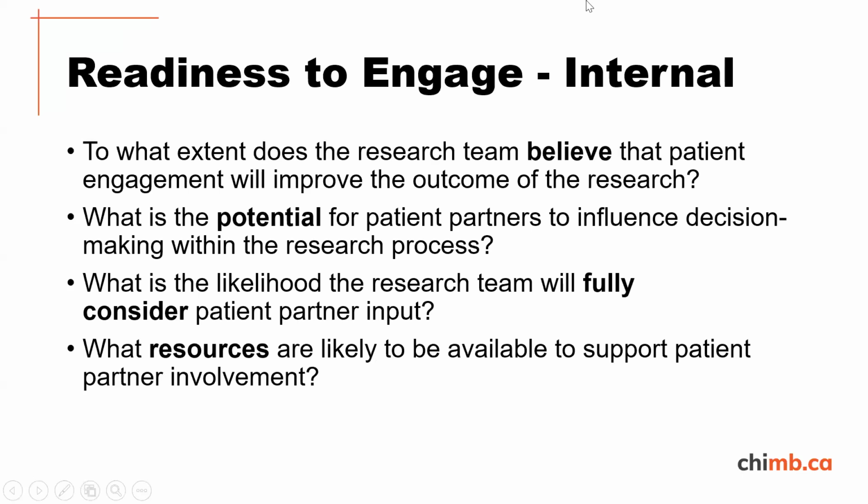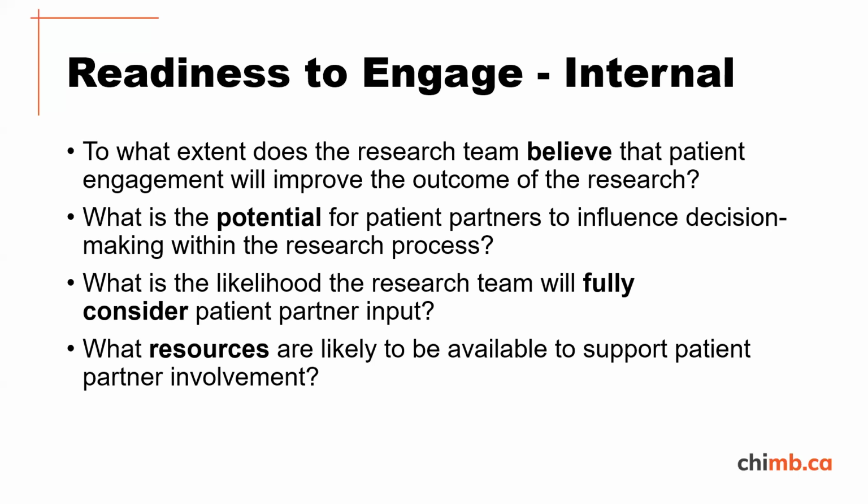So one of the first steps that we always recommend is doing a bit of an internal assessment when you're starting to think about engagement and making a decision around, should I use an advisory group? Should it be one-on-one? So it's always first important that the research team think about, to what extent does the research team believe that patient engagement will improve the outcomes of the research?